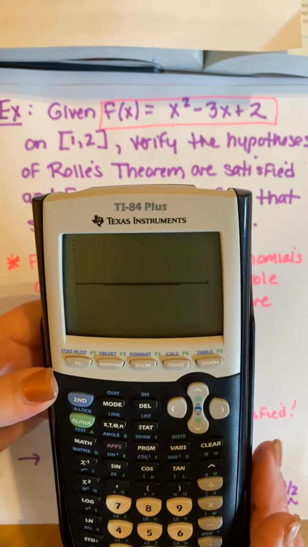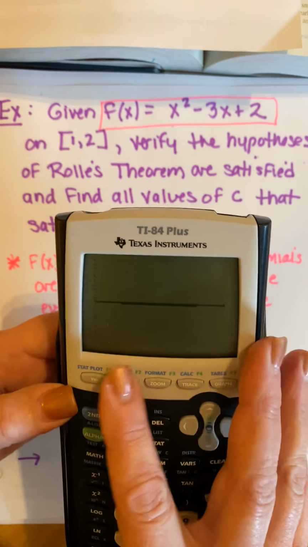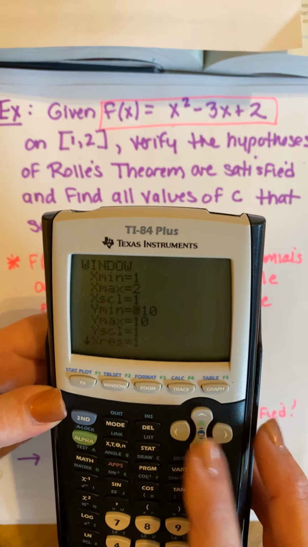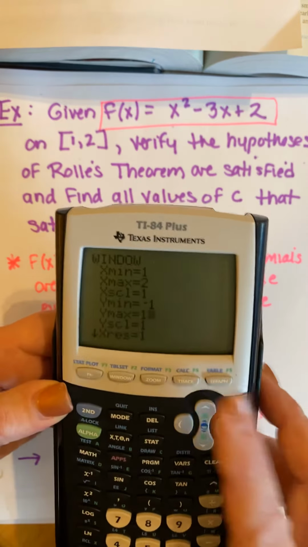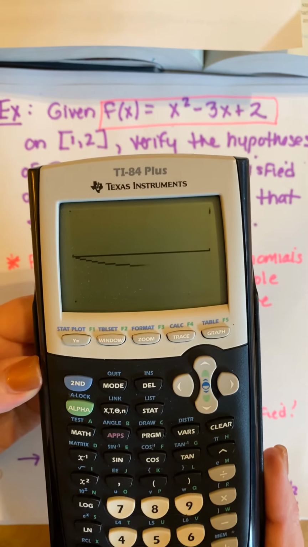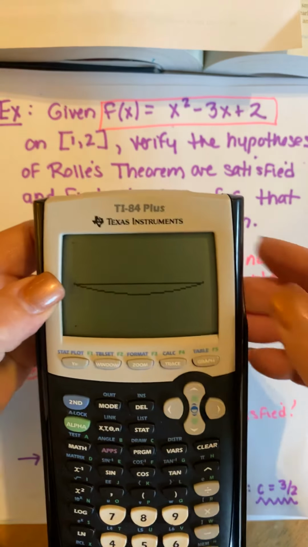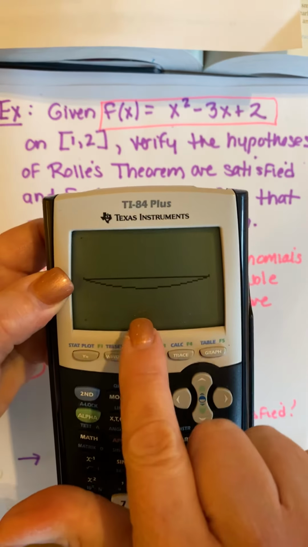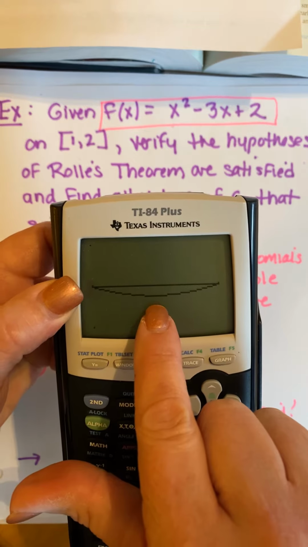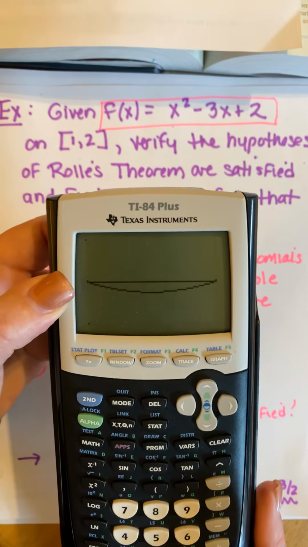So I'm going to change my y scale so I can get more of an idea. I think this will give me a good picture. So here's this function. This is the output 0 at 1. Here's the output 0 at 2. And between 1 and 2, right here, the derivative is 0, and that's going to occur at the point 3/2.